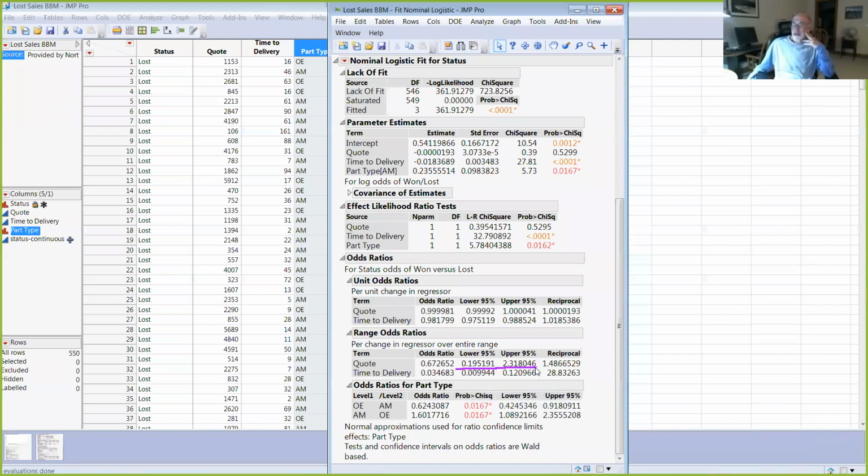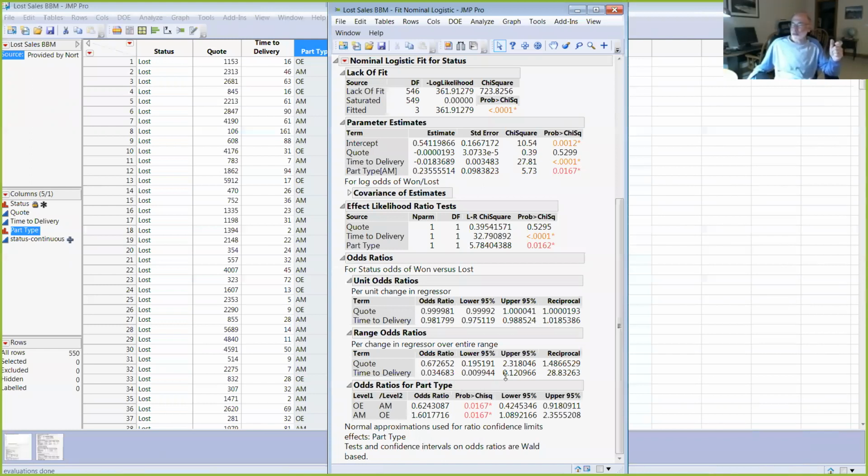We don't know if it's more likely or less likely to win the bid because of the price. Time to delivery, though, was significant, and you'll notice that for the whole range, at the highest time to delivery, the odds are only about 3.4% of what the odds ratio is for the shortest time to delivery.